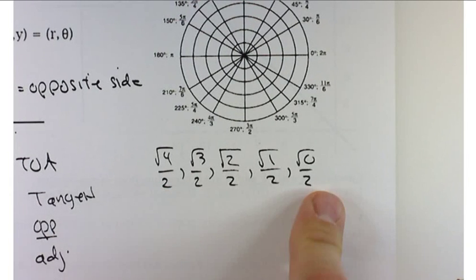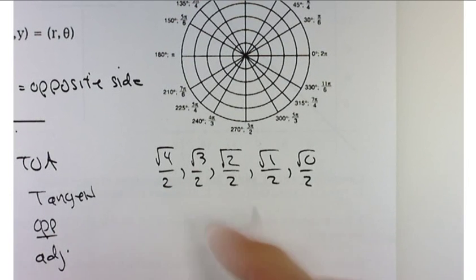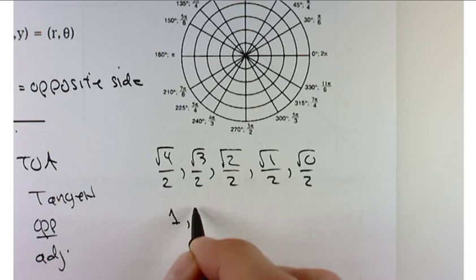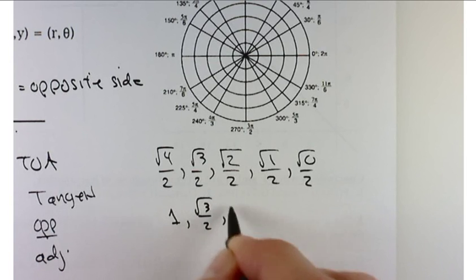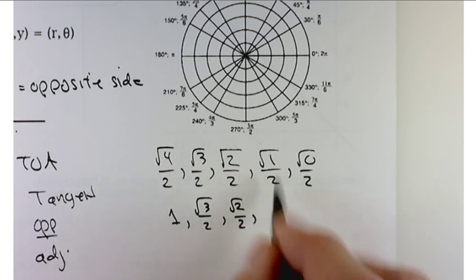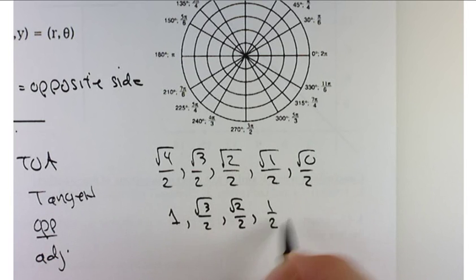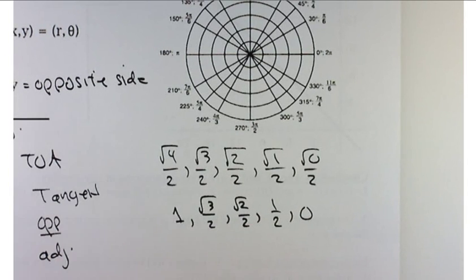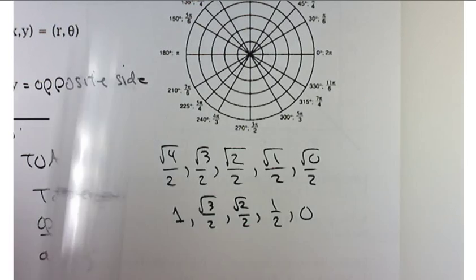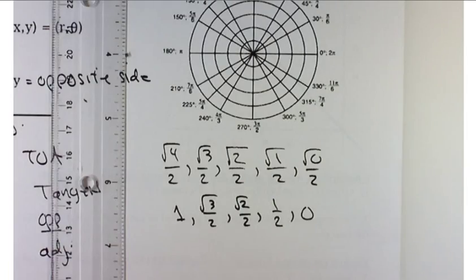Now, 3 of these will simplify. The first one is a 1. The second and third one don't simplify, but the fourth one does. So it's these points that are going to help us determine the points on the unit circle, special points.